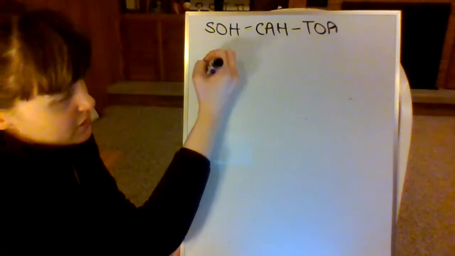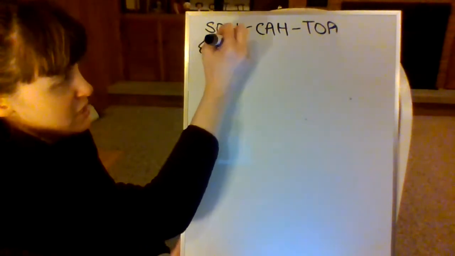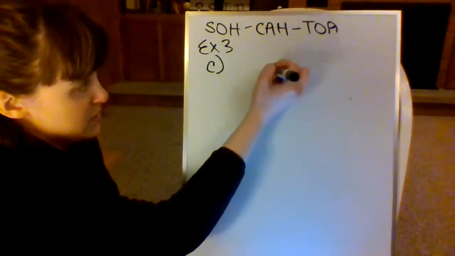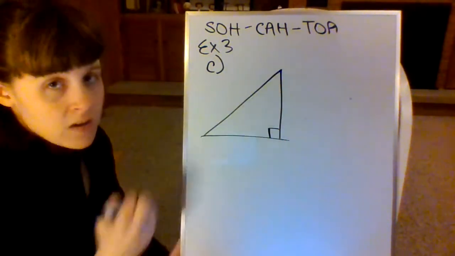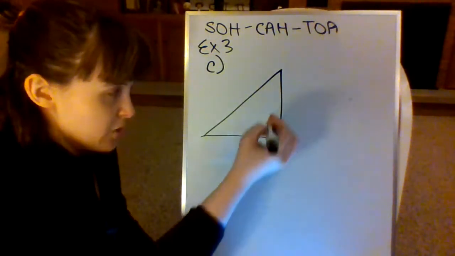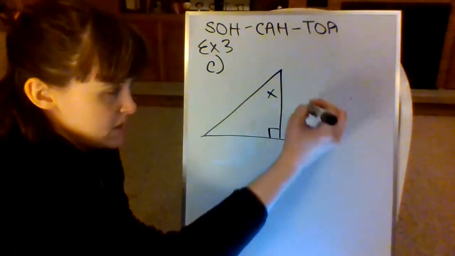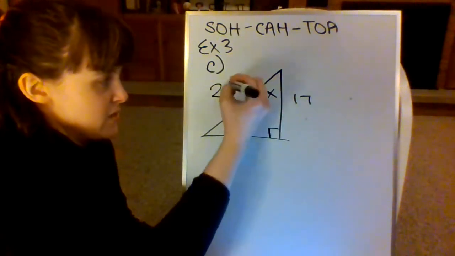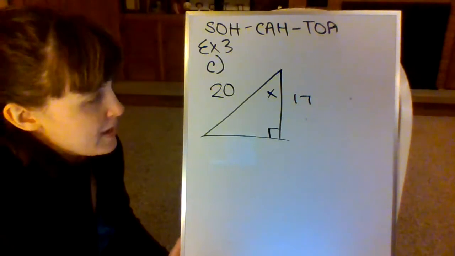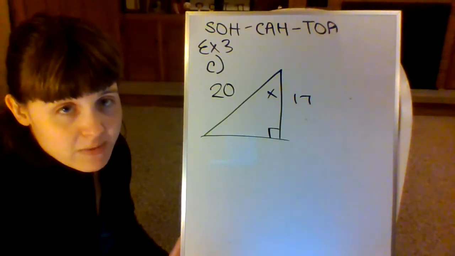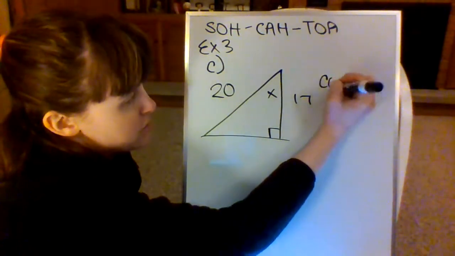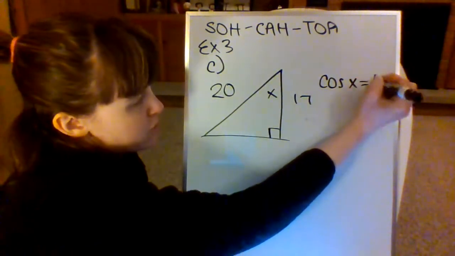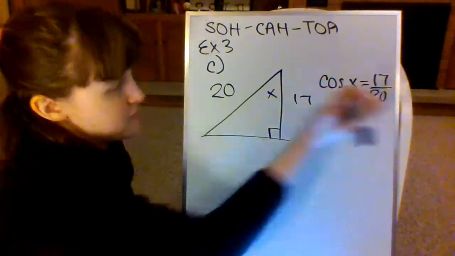Okay, so part C of example 3 looks like this. Okay, that's our triangle. The angle up here is x. We have 17 and 20. Okay, so we have the adjacent side and we have the hypotenuse. So cosine x equals 17 over 20.